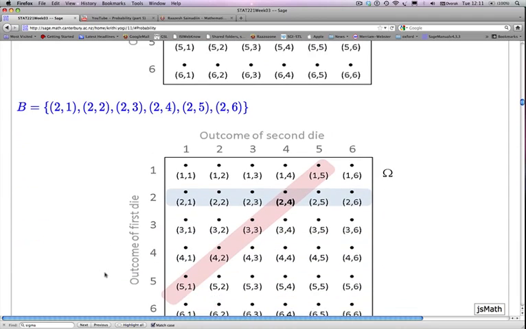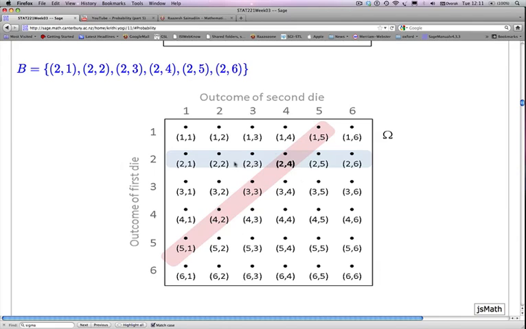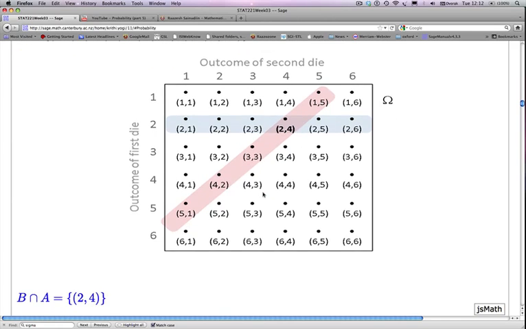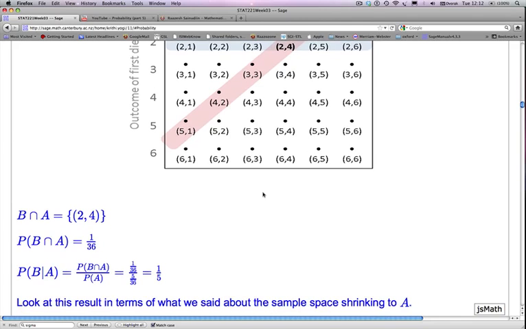So now finally, A intersection B: this is A and this is B. We intersect them. Well, there's only one thing here, (2,4), where the first die is 2 and the sum is 6. So that's all you're doing here.